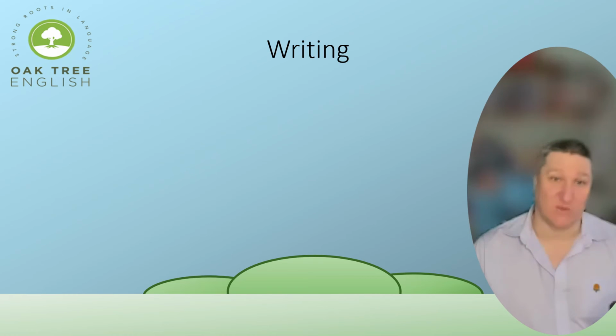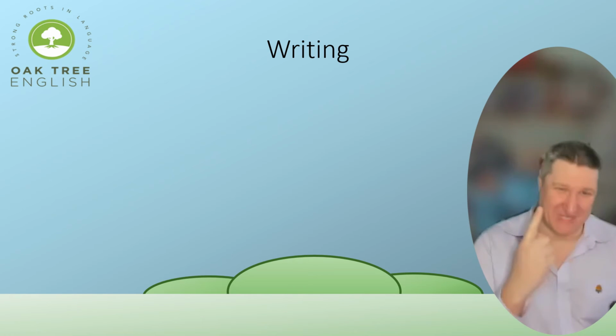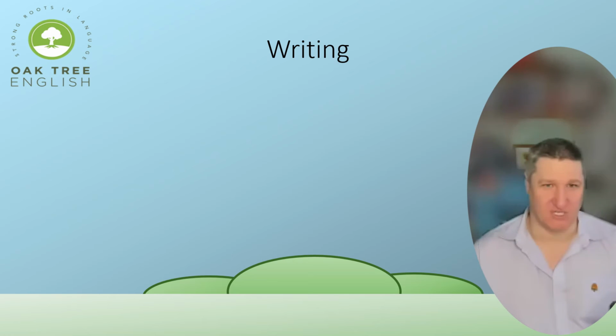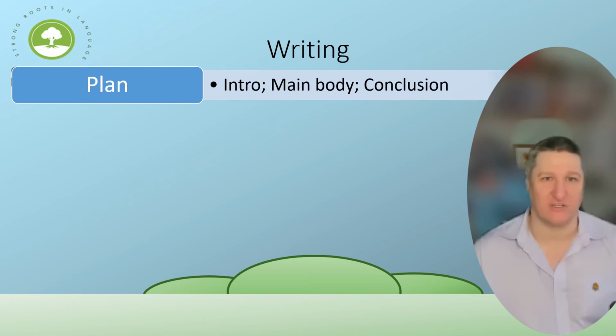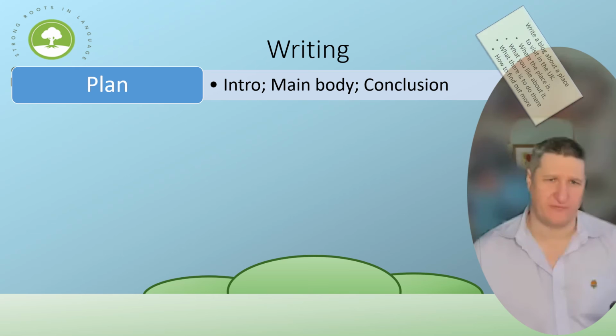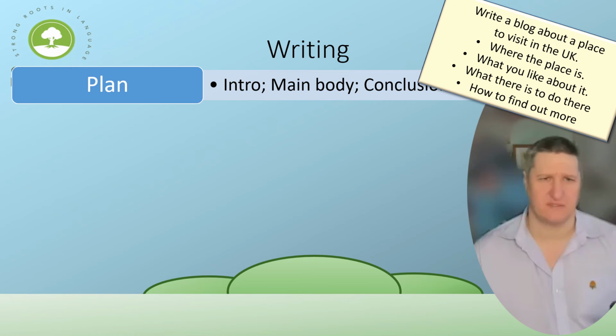As well as getting 1 mark for producing a plan, which shows introduction, main body, and conclusion, activities 2 and 3 are marked on 6 criteria. You're given a task with 4 points to write about. For example, write about a place to visit in the UK.